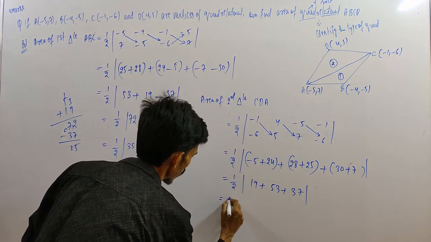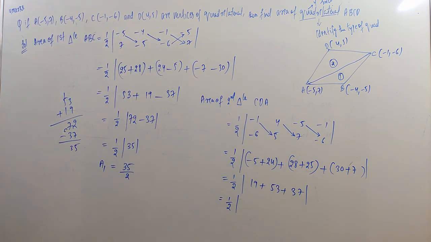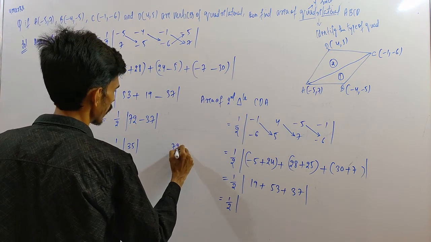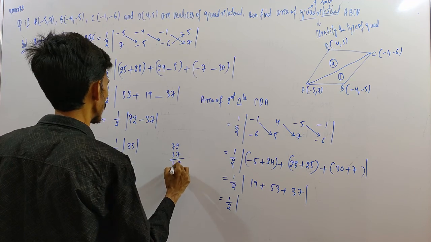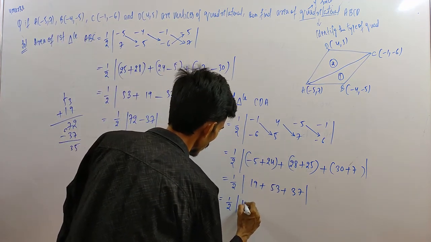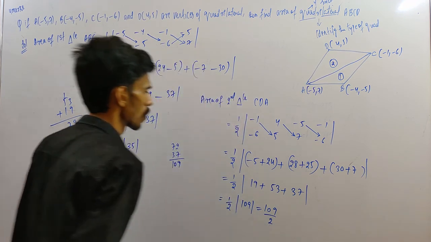That equals 1/2. Add this 19 plus 53, we have 72. 72 plus 37, we have 109. So we have 109 divided by 2.